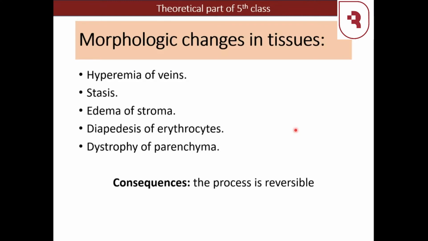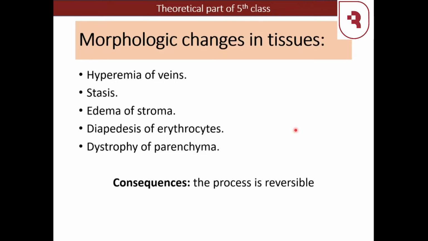We will see that large vessels accumulate a lot of blood. Stasis is also interesting, because we will see a lot of erythrocytes in the small arteries and small vessels in the parenchyma of the organ.